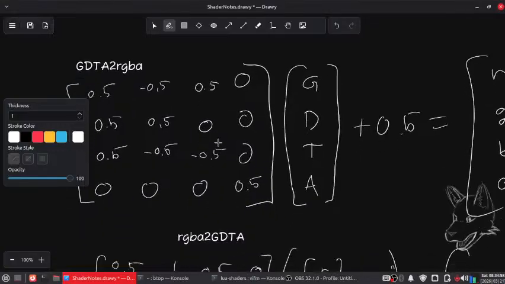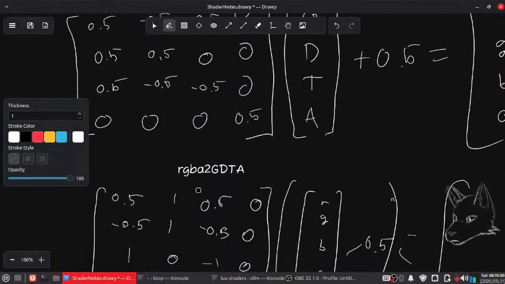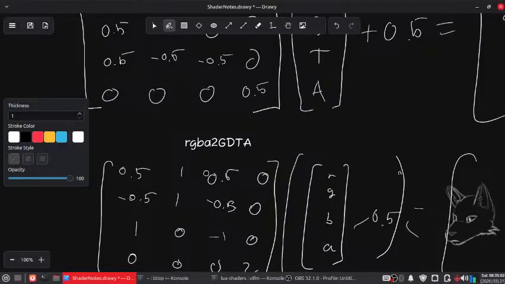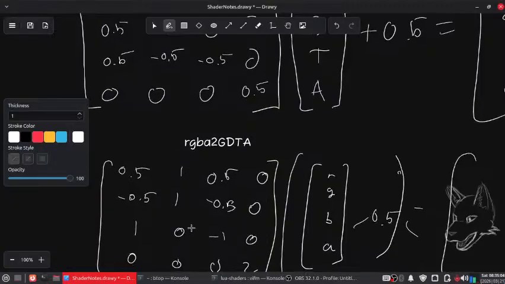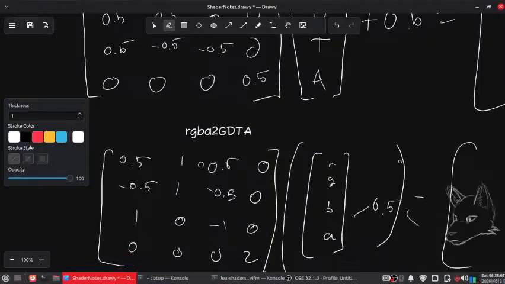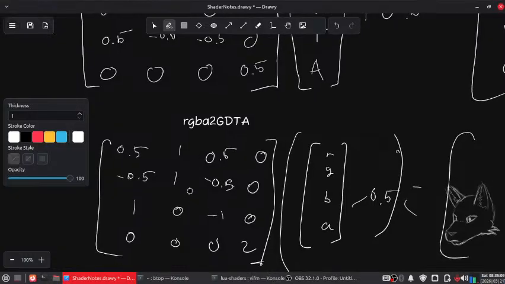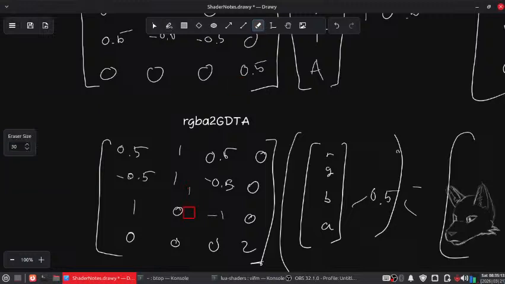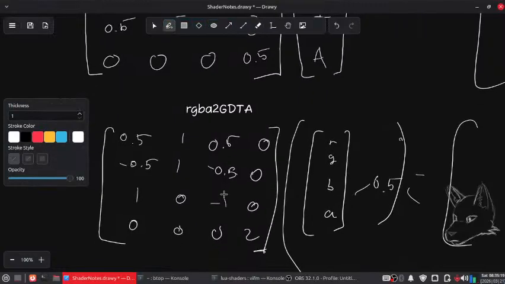Green is not 1. This should be 0.5. Which means, yeah, green is orthogonal to temperature, right?